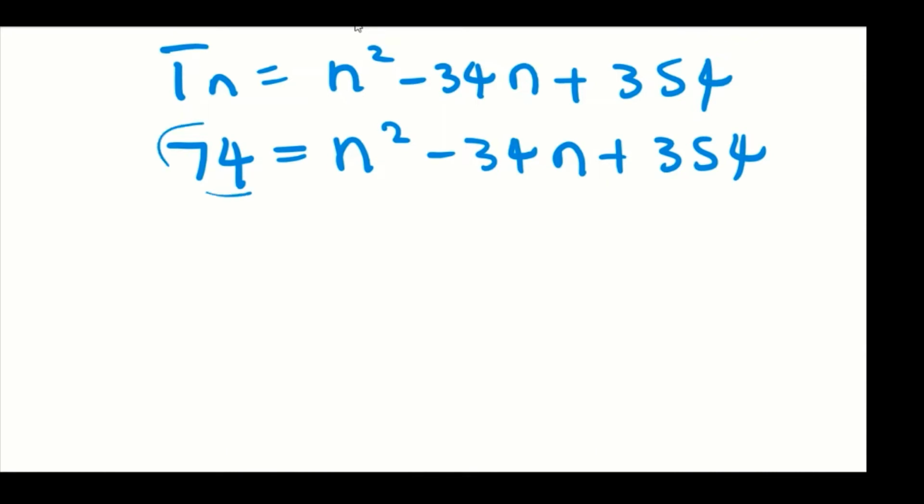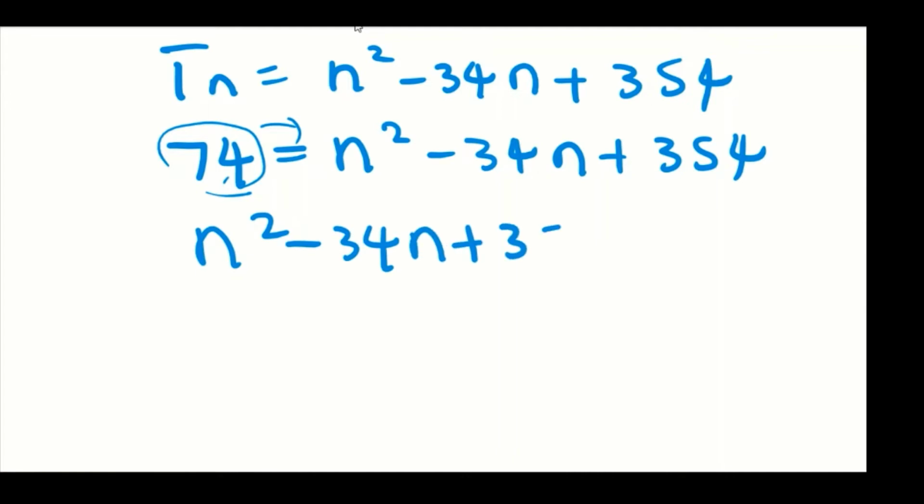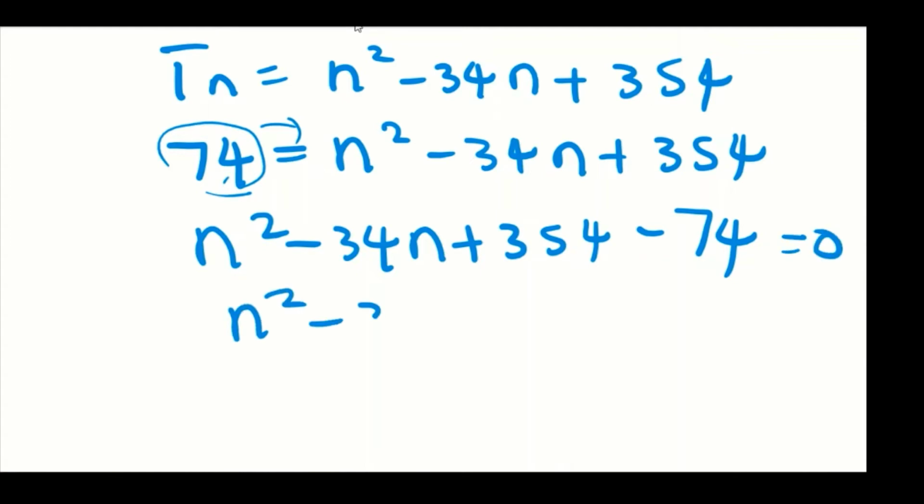We're going to transpose the 74 to the other side. We have n squared minus 34n plus 354 minus 74 equals 0. So we have n squared minus 34n plus 280 being equal to 0.